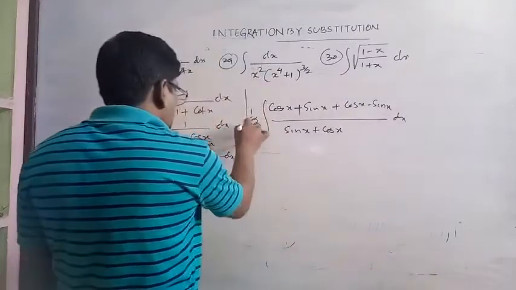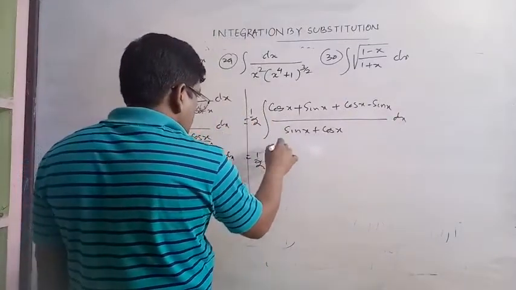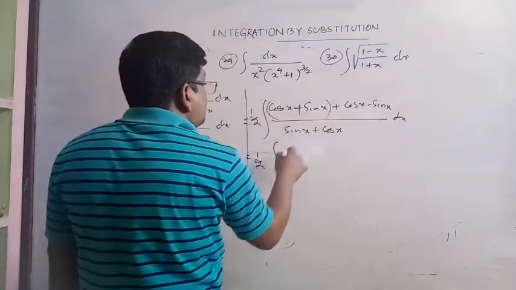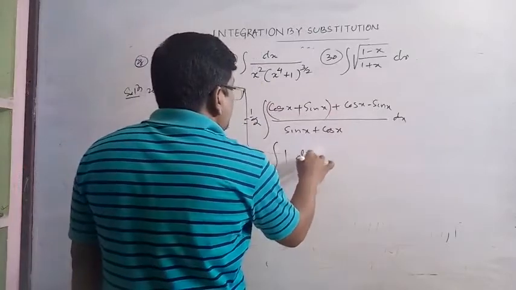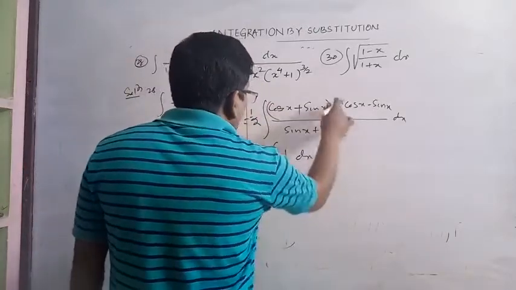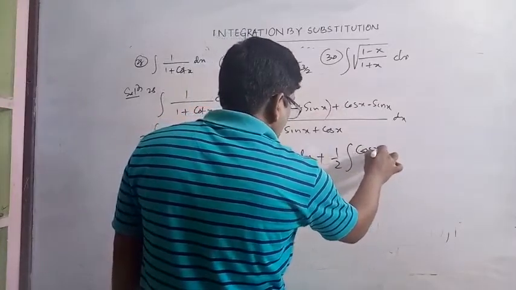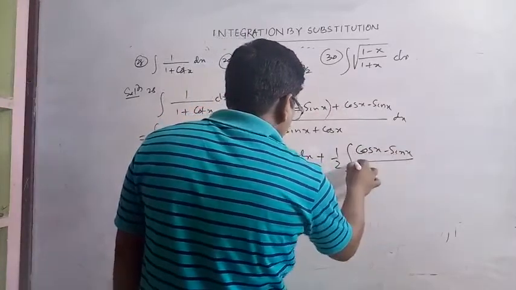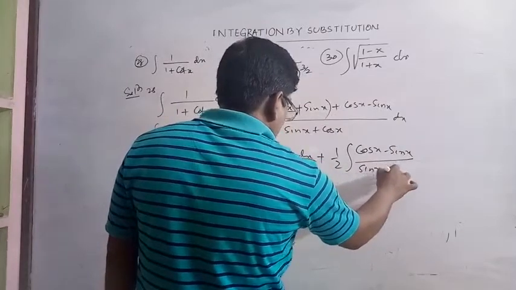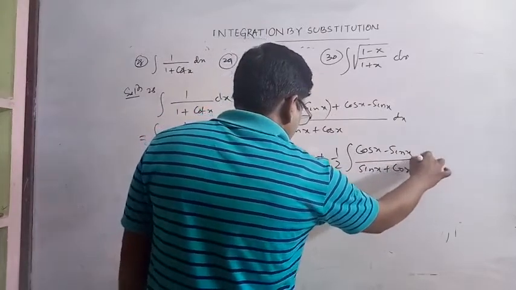So this is 1 by 2 times the integral of 1 dx, plus 1 by 2 times the integral of (cos x minus sin x) divided by (sin x plus cos x) dx.